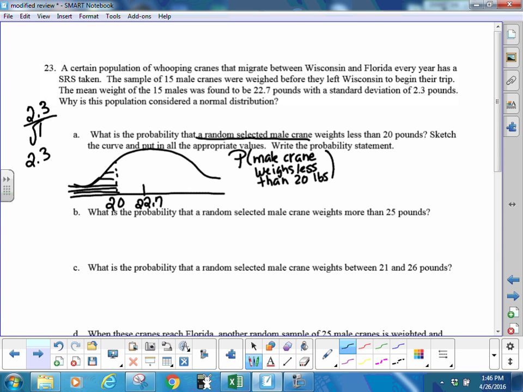Can we do like X bar? You have to be careful because this one's not an X bar, but you can. That was my next thought, Sydney. If you remember our conversation Saturday where we were talking about notation, this one's an X because we've only got the one. We didn't take a sample of any cranes. So if you had put X bar there, you're going to get deducted a little bit. Whereas if you just write the words, and I choose to just write the words, that takes notation off the table.